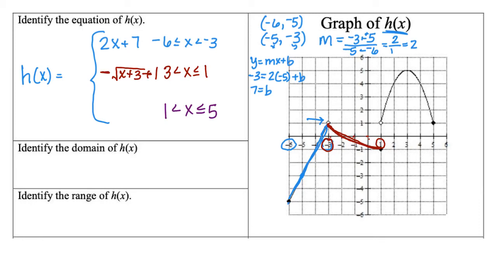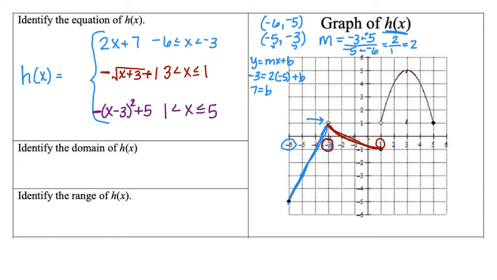This one looks like it's been moved over 3 and up 5. So it's x minus 3, that moved it right 3, and then up 5, and it's flipped over, so we have to put a negative out front. All right, that's all of our moving and our parent functions, writing those out.